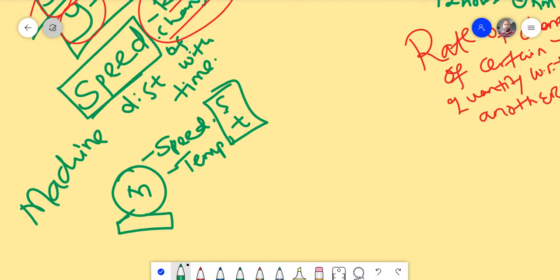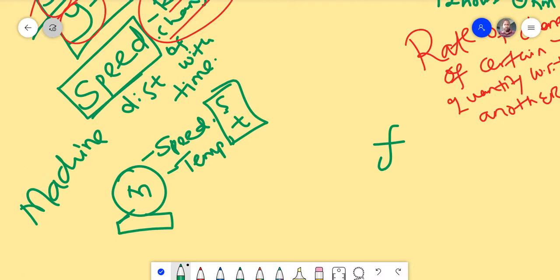When it comes to calculus, we usually say this symbol f means something is a function of that.